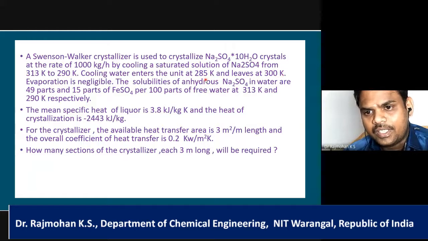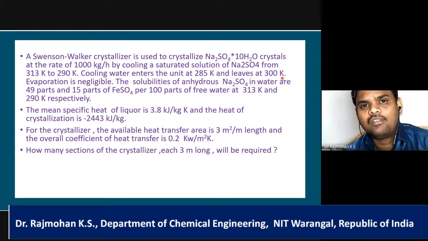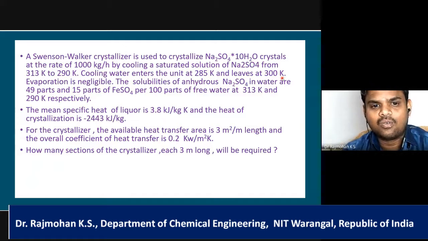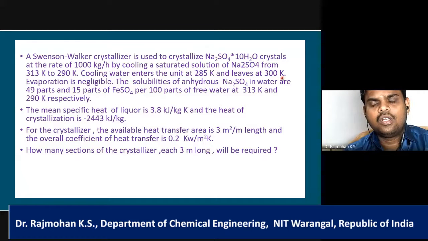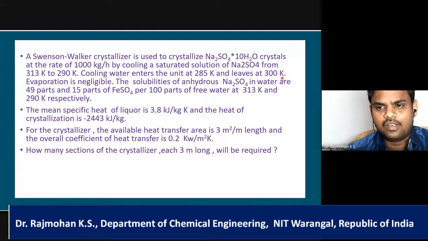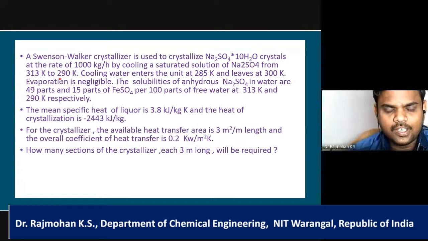So when we have temperature data given like this, here we have to make use of LMTD. What is LMTD? Logarithmic mean temperature difference. So whether it is co-current or counter current, we have to assume. Accordingly, we have to find delta T1, delta T2, then LMTD can be determined, right? So that's why these temperature data are given. The four temperatures are given.